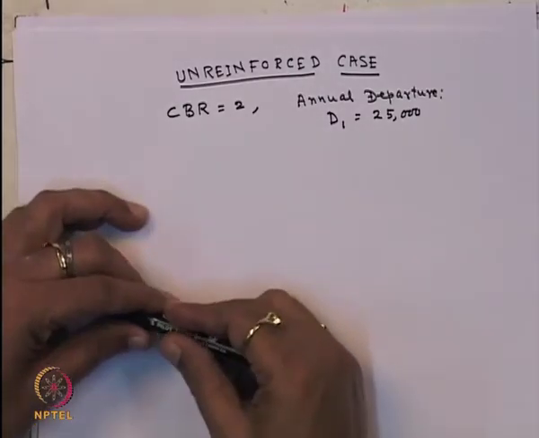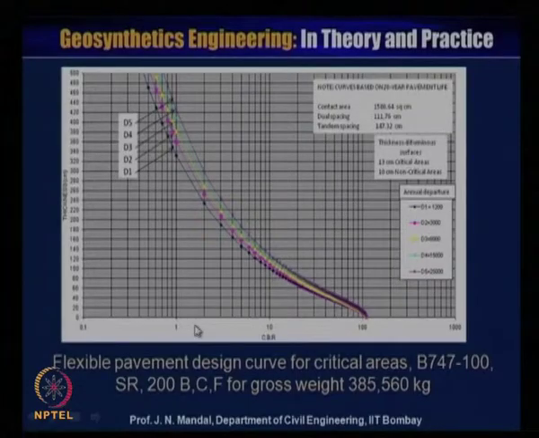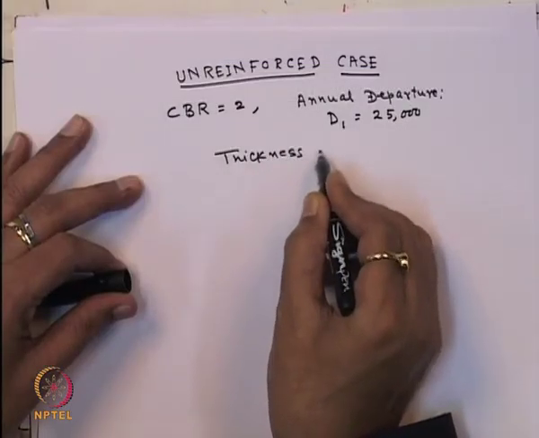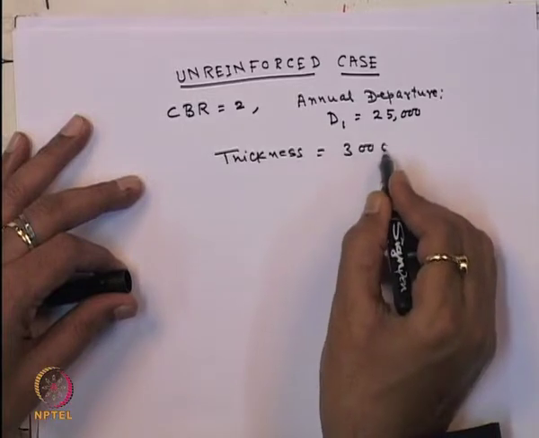So from this design chart, knowing that CBR value is equal to 2 and annual departure is equal to 25,000, you can calculate the thickness. This thickness will be about 300 centimeter. So the thickness of the pavement will be 300 centimeter.